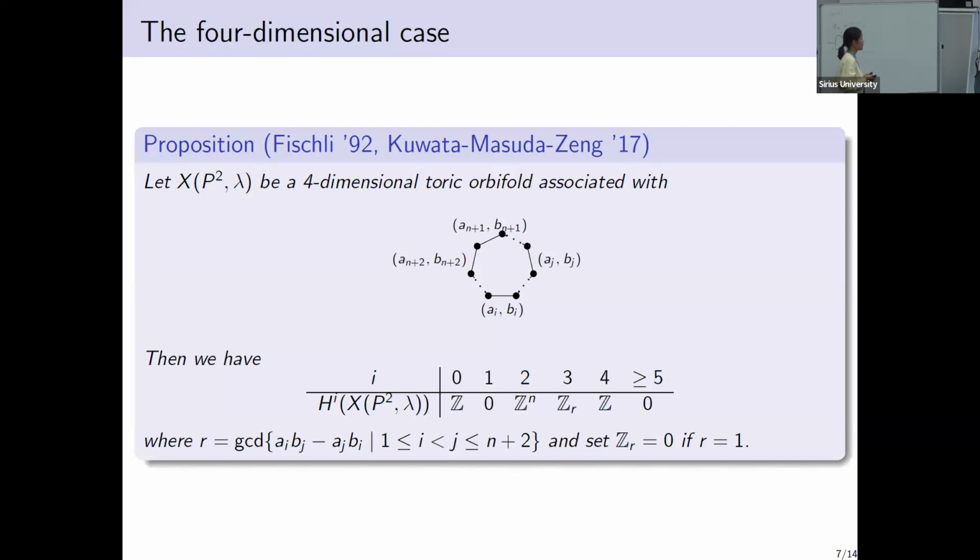For example, the two-dimensional cohomology has Betti number equal to n, and the third cohomology is a torsion element where the order is given by the GCD of all the determinants from different edges, and the four-dimensional is one copy of Z. For dimensional reasons, the non-trivial cup product only lies in the degree 2 elements. Okay, so this is the group structure for a four-dimensional toric orbifold.